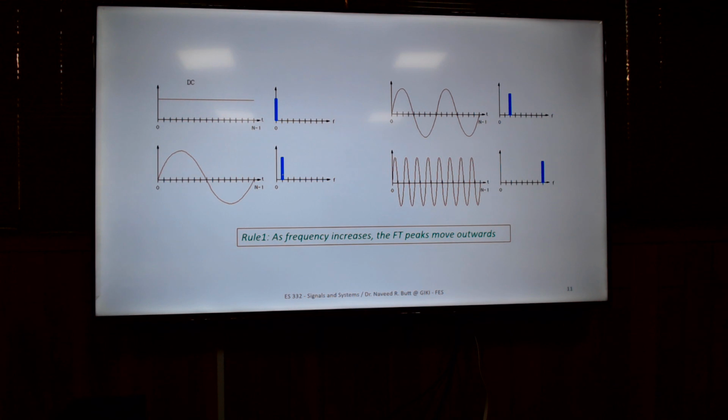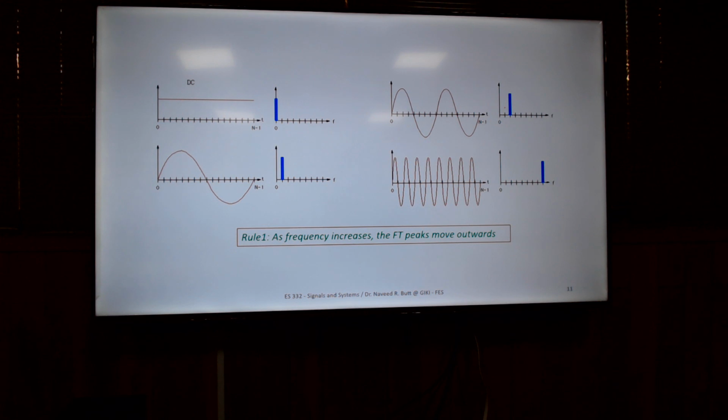It's moving outwards. What happens here? It's gone even further outwards, and here it's gone much more outwards. What does that mean? It makes sense, right? To make this pure frequency, which is higher than this one, definitely you need a higher frequency that is here. So the peaks move outwards. So the first rule of thumb: as frequency increases, the Fourier transform peaks move outwards.